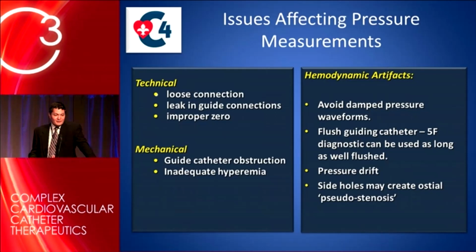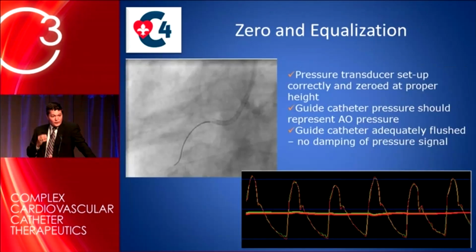We're going to talk about mechanical, which is usually either a guide catheter related problem or inadequate hyperemia. And then there are hemodynamic artifacts of damped waveforms, of not well flushed guiding catheters, of pressure drift, and the issue of side holes. And so let's walk through a few of these things.